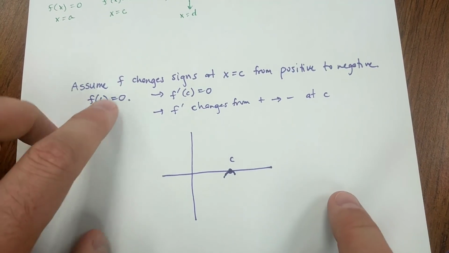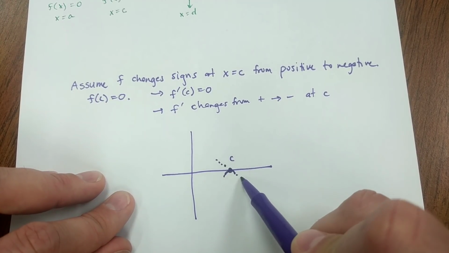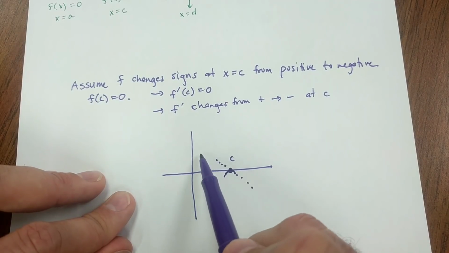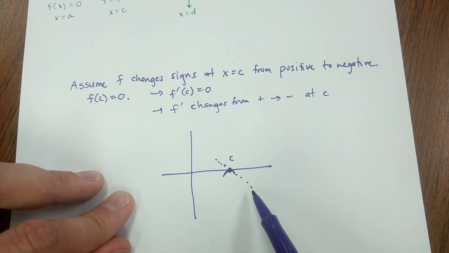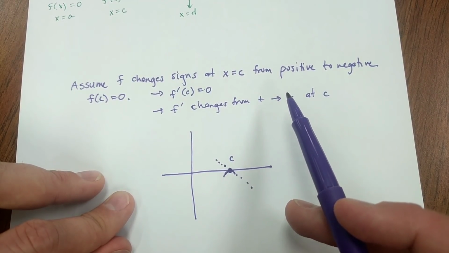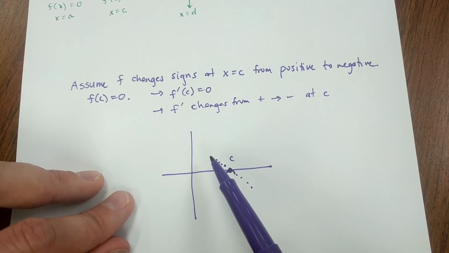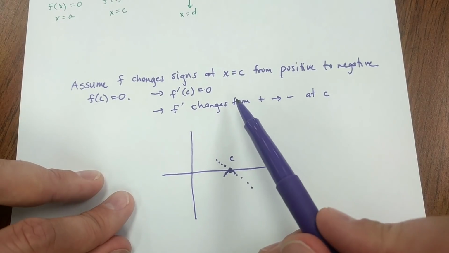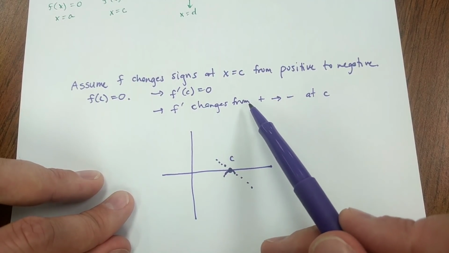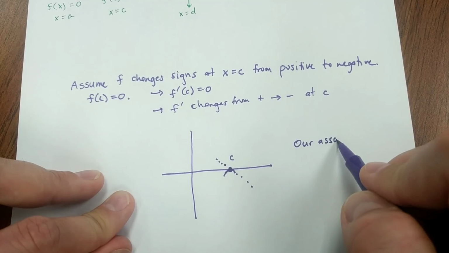But then this statement is saying that it should have changed from positive to negative. So it's above the x-axis when we're less than c, but below the x-axis when we're greater than c. But if that's true, that means that at c the function is only decreasing, which wouldn't work if we also wanted a local maximum at c. So what this concludes is our assumption's wrong.